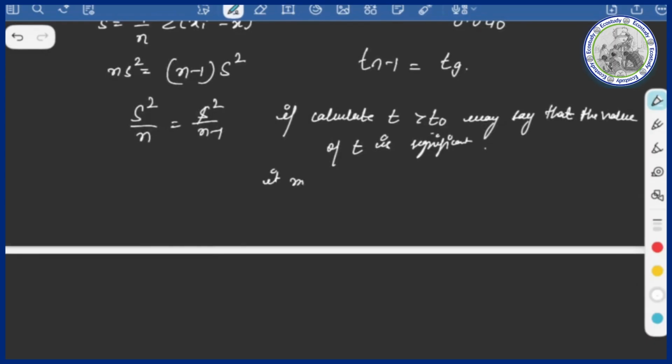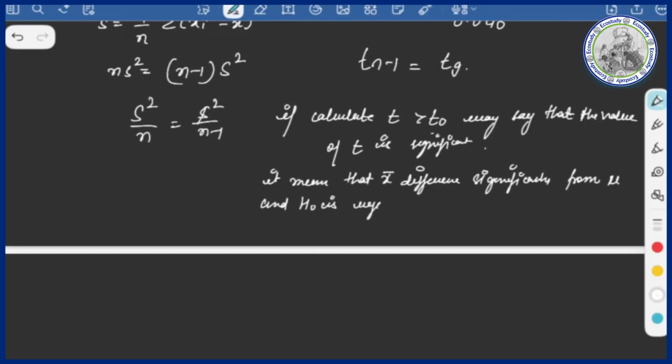It means that x bar differs significantly from mu and H naught is rejected at this level of significance.